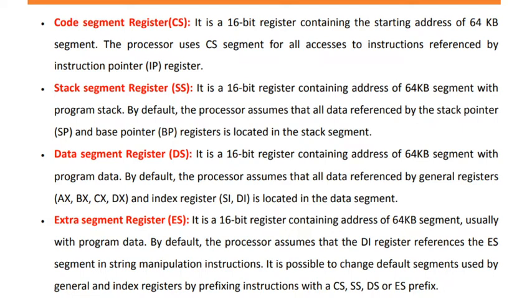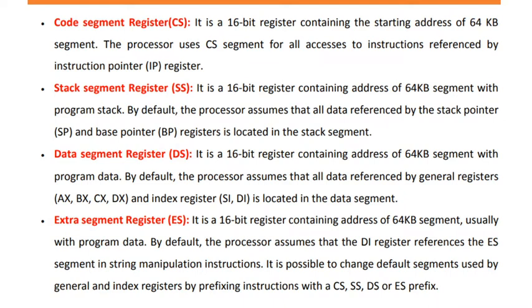Now the extra segment register is a 16-bit register holding the base address of the extra segment. By default, the processor assumes that the DI register refers to the extra segment while performing string related instructions. Now, it is also possible to change the default segments used by the general and the index registers.